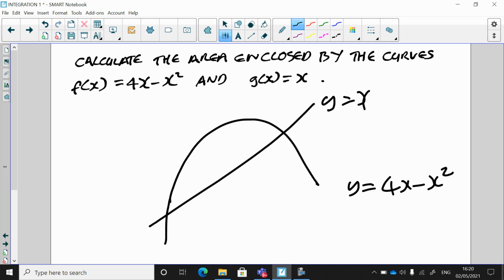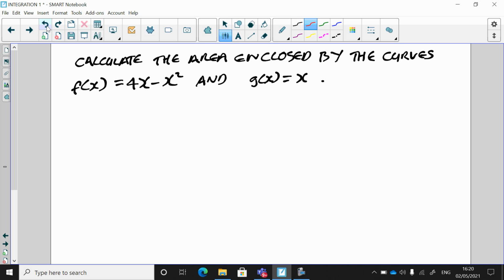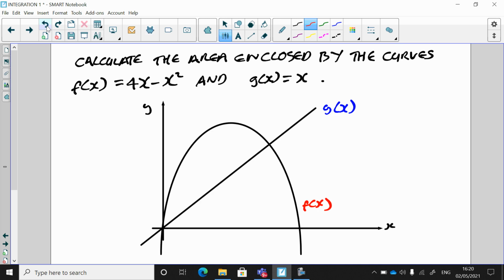And they are saying, can you go and find this area here? I'll make it a wee bit nicer in a minute. That's what they're saying here. Right. Okay. There's a better picture. Doesn't matter.